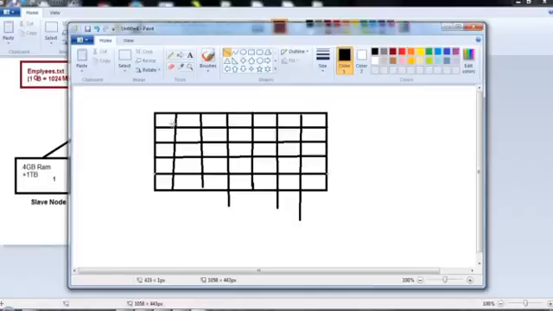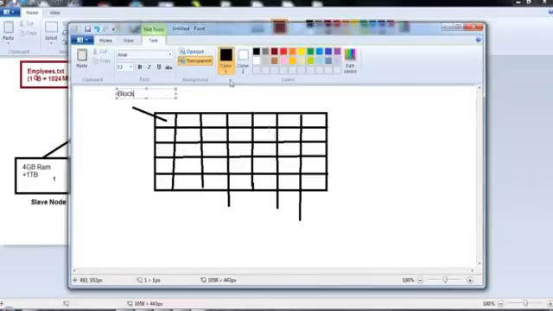Now each box is called a block. This is one block. What is a block? A small unit of storage, which will store the data.